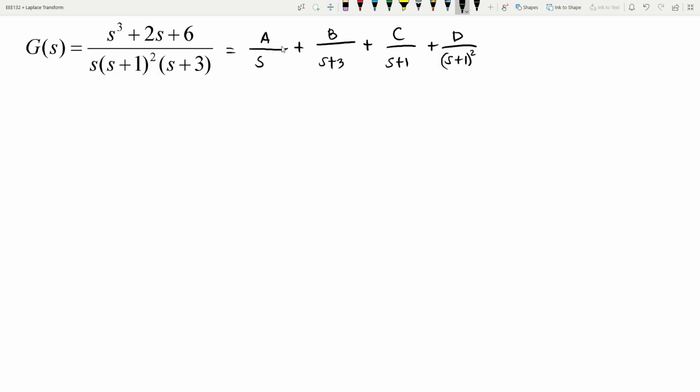Now we can get the values for a, b, c, and d using two methods. So the first method, you can form a series of linear equations, then solve for a, b, c, and d, or we can assign values to s and then solve for a, b, c, and d. So let's use the second method.